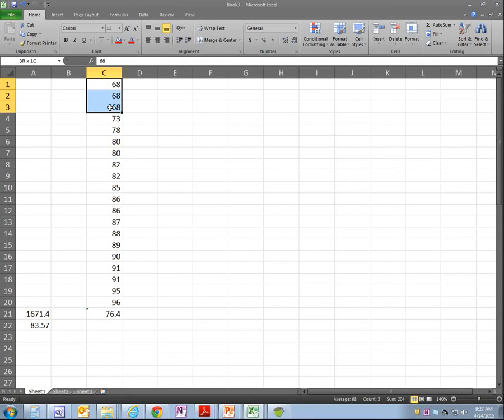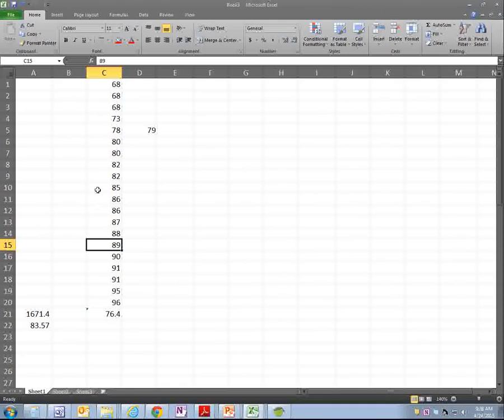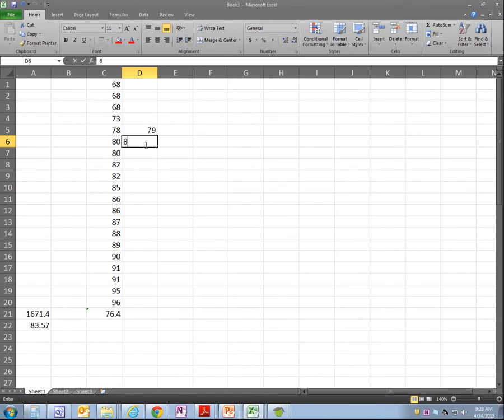Okay, so we have 1, 2, 3, 4, 5. So write down 79. That's the median of the lower half. And 1, 2, 3, 4, 5. Then 89.5. 79 and 89.5. That's what I'm going to put.